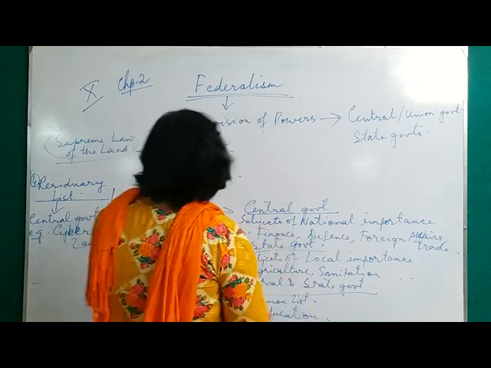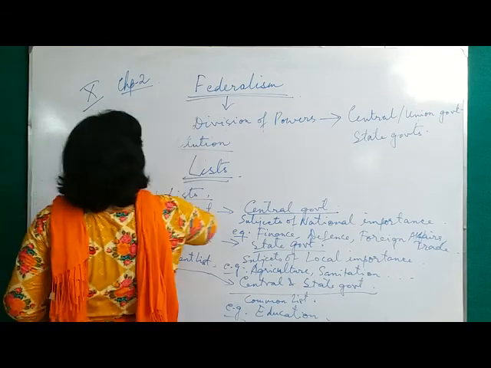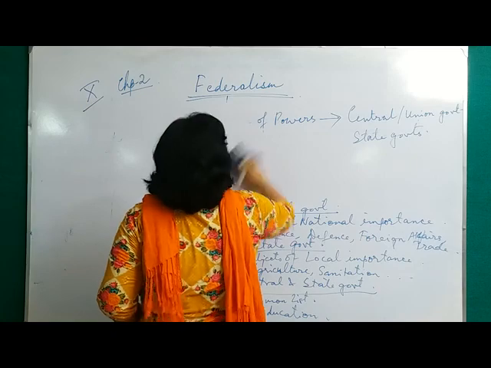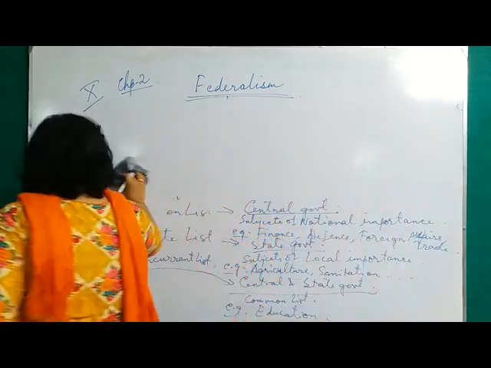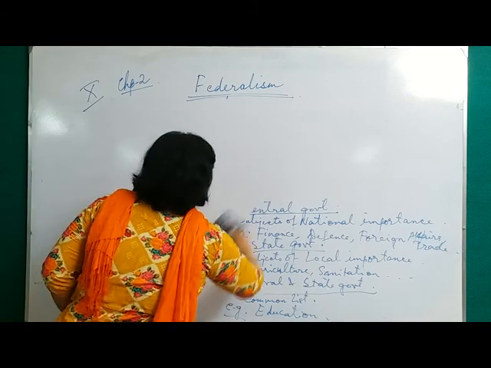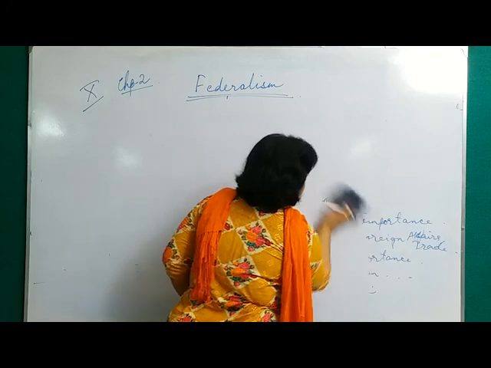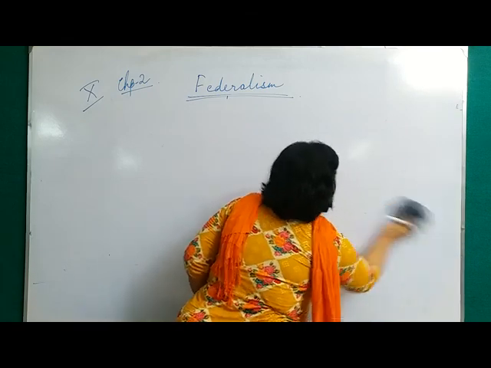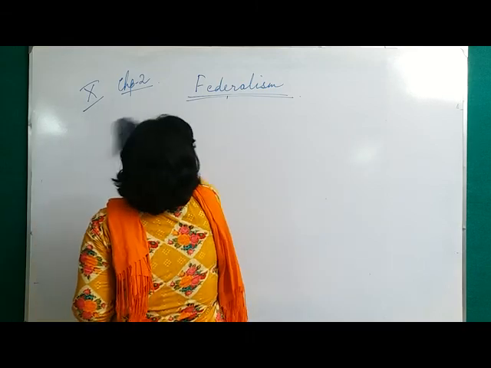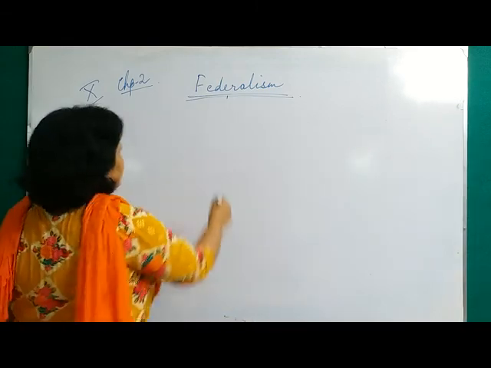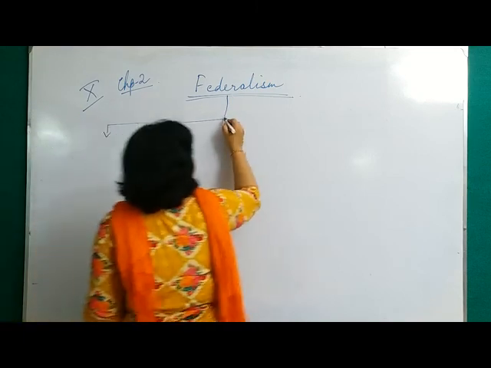Next, I will come to another topic which will be a concluding part of this chapter. A federal state can be of two types.